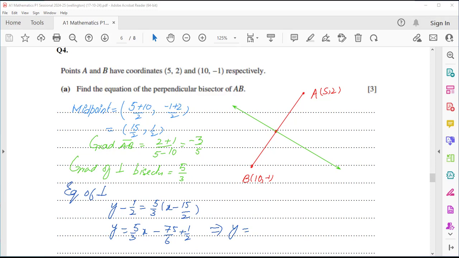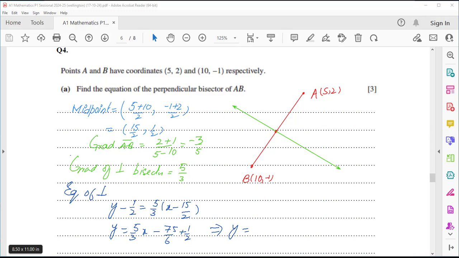Use your calculator: all clear, fraction, 75 over 6.